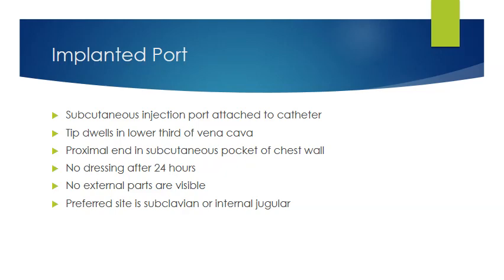So what they do is make a little incision there, and they insert this port. I think on the next slide I have a picture of what this looks like for you, so you'll get a visual. After 24 hours, no dressing is needed. We only have that dressing on initially for any oozing or bleeding, but after that you shouldn't have to have a dressing on it. The preferred site for an implanted port is subclavian. We do use the IJ if needed, but the preferred site is subclavian.